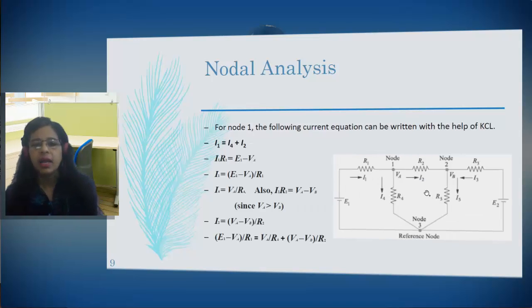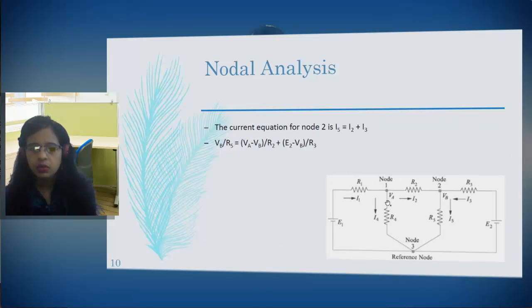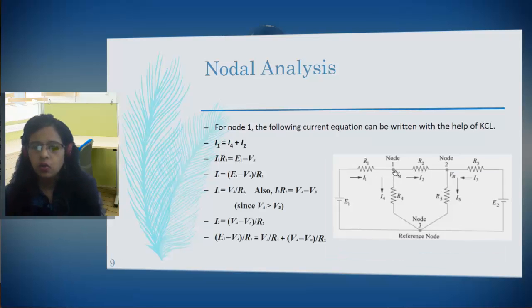Now I'll write the equation for nodal analysis using Kirchhoff's law. Suppose for node 1, I1 is coming to node 1, I4 is leaving node 1, and I2 is leaving node 1.